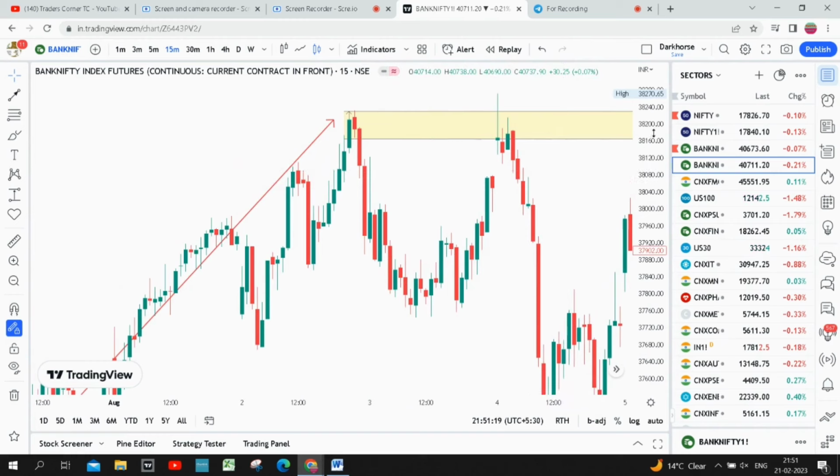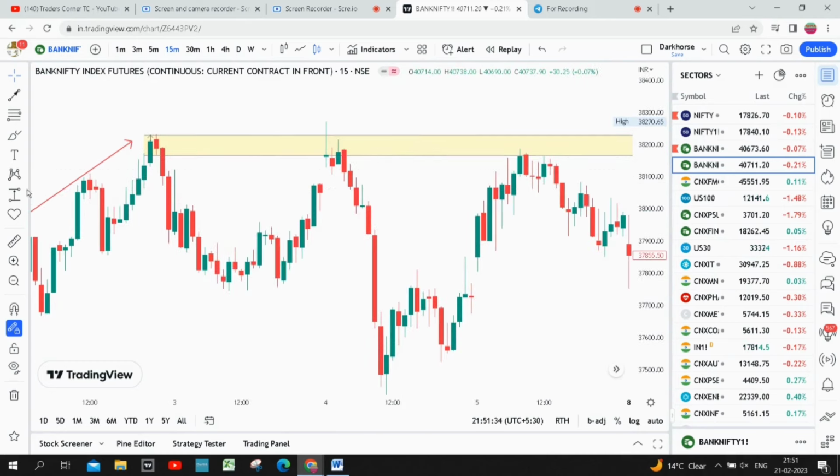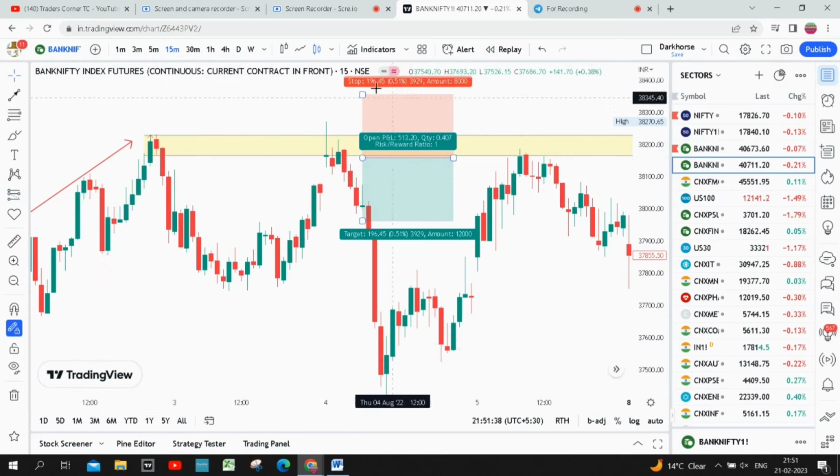And what has happened, in front of your eyes. The market opened here, and when the price is going up, nobody needs to take any risk. But as soon as the price closes below the zone, one can initiate a sell trade. So what is the result?